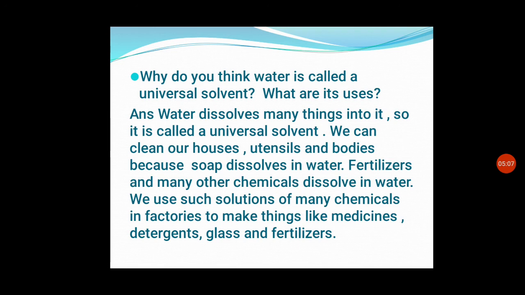We can clean our houses, utensils, and bodies because soap dissolves in water. Fertilizers and many other chemicals dissolve in water. We use such solutions of many chemicals in factories to make things like medicines, detergents, glass, and fertilizers.